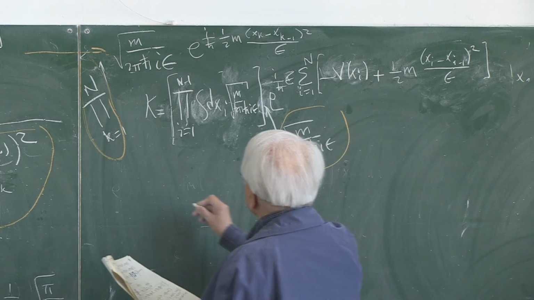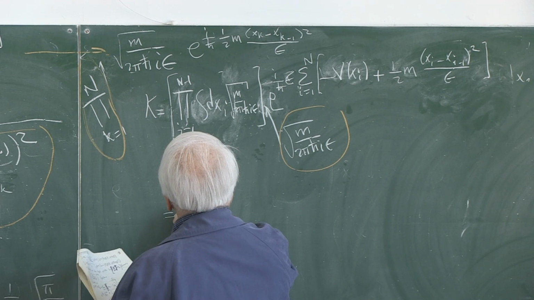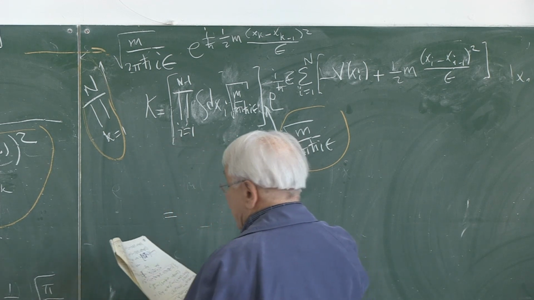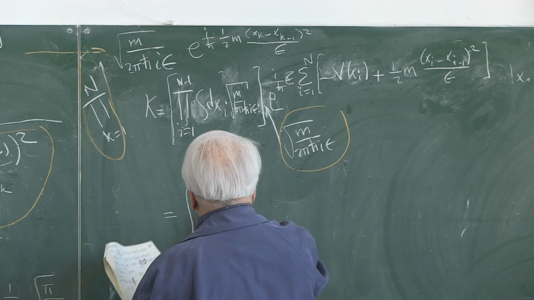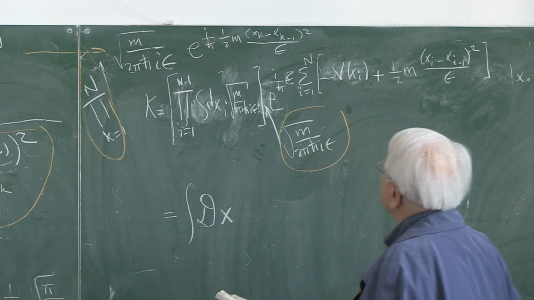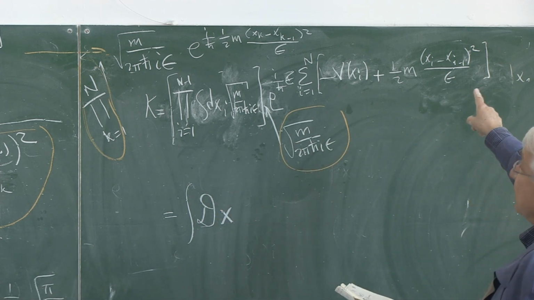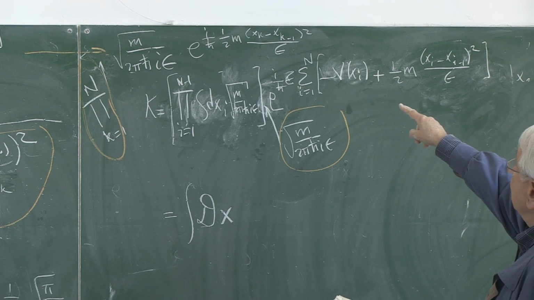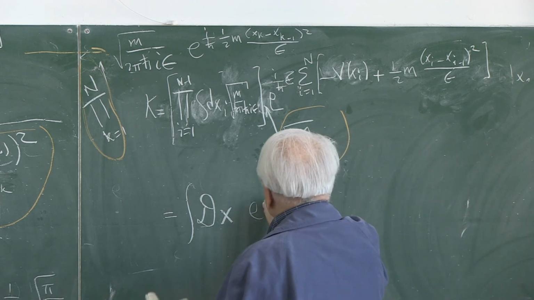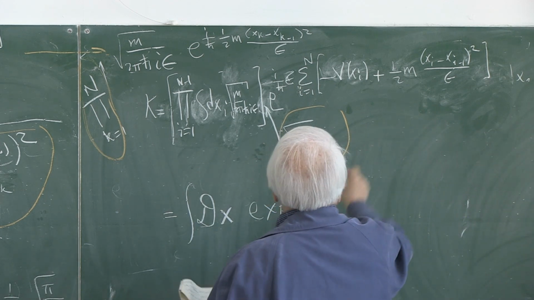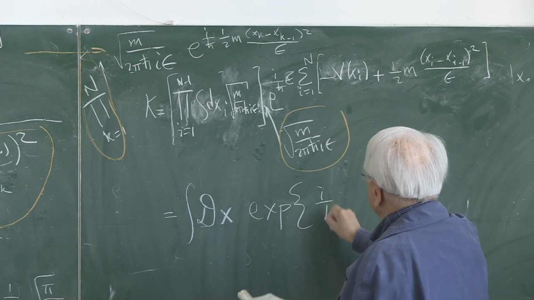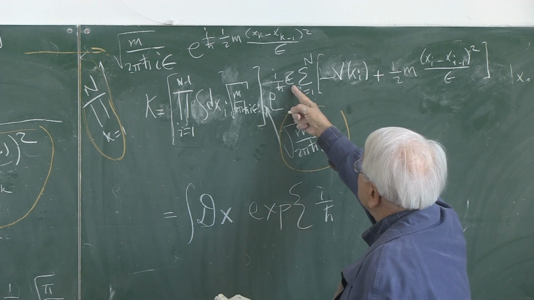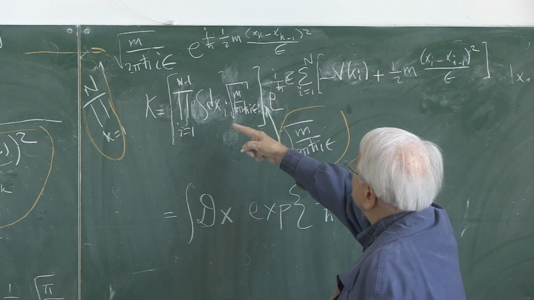We will write this now as dx. What is inside? Inside the exponent is, notice that i over h bar epsilon, this is 1 for each factor, right?